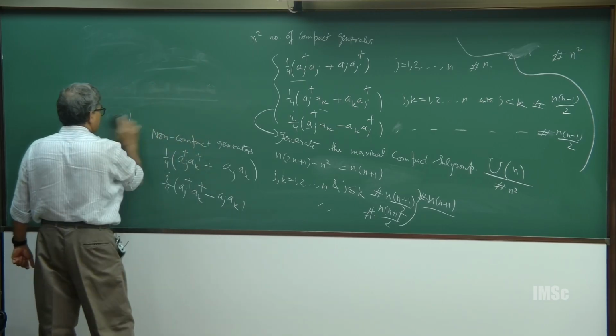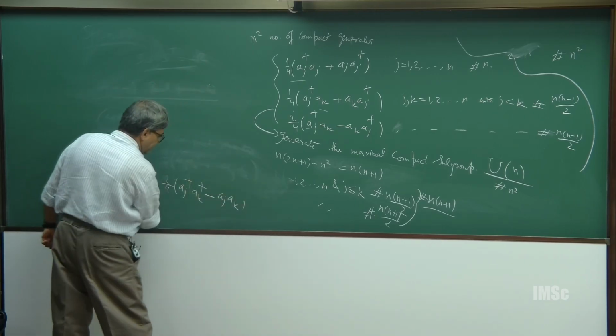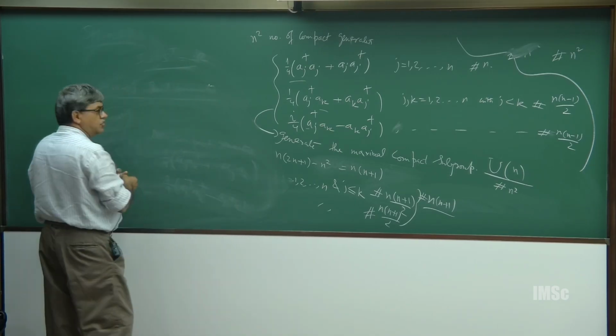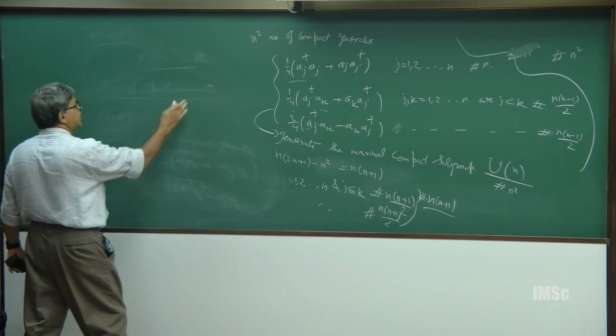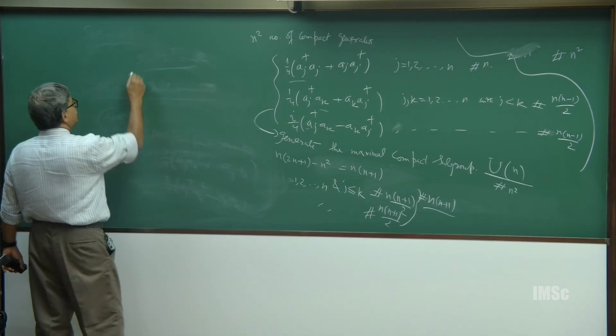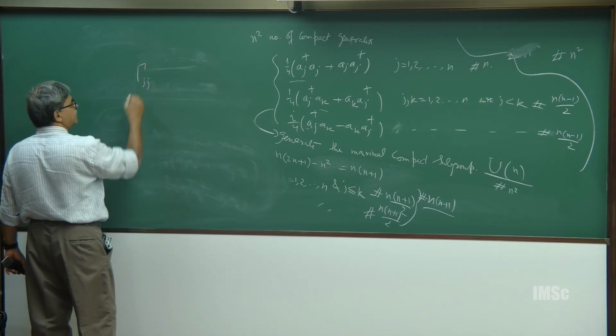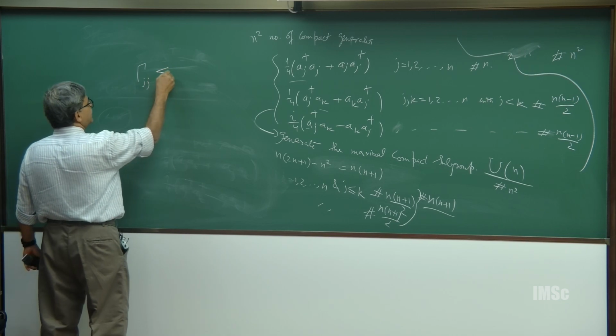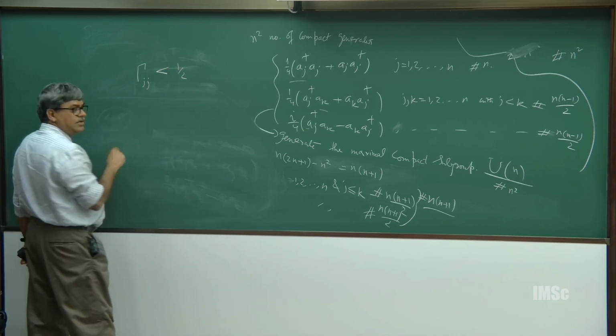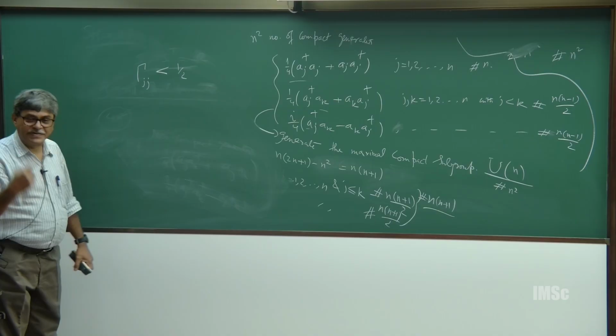Now, I told you some time back that because we are dealing with a quadratic Hamiltonian, if I look for a covariance matrix whose jth entry is less than half for some j, then we say that this corresponds to squeezing.